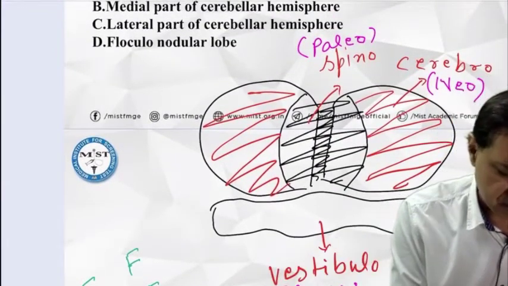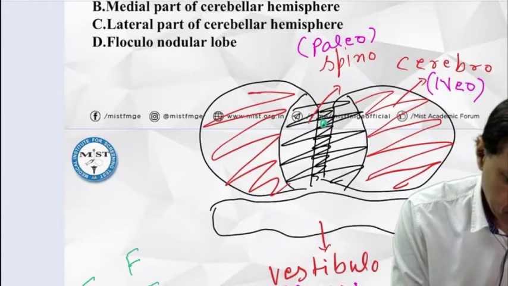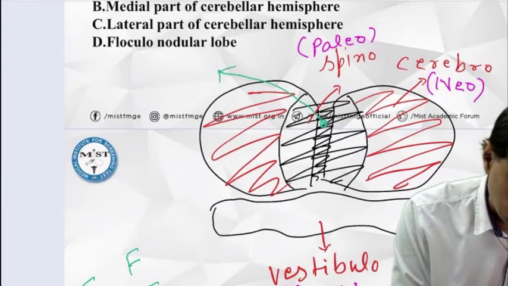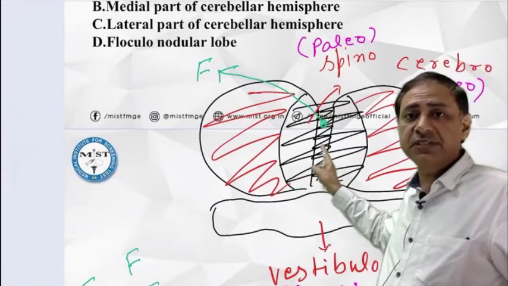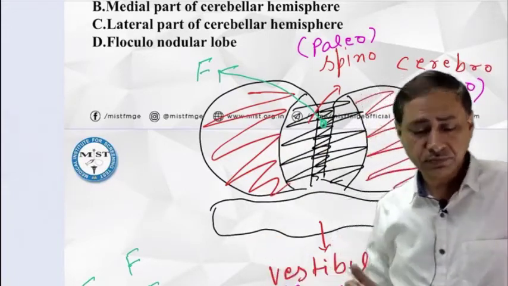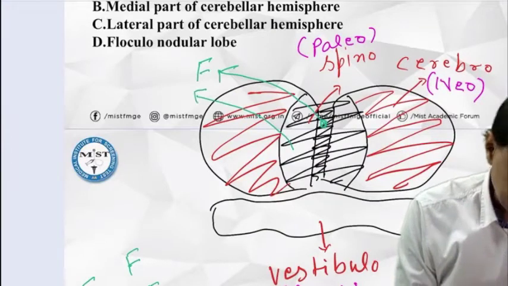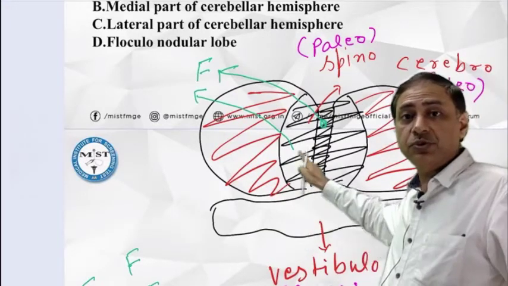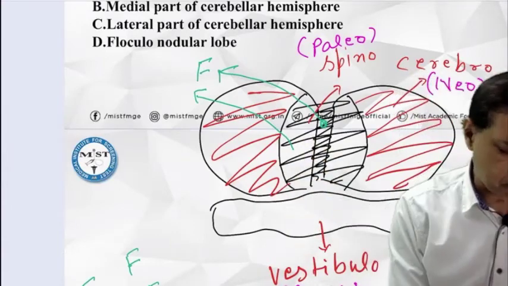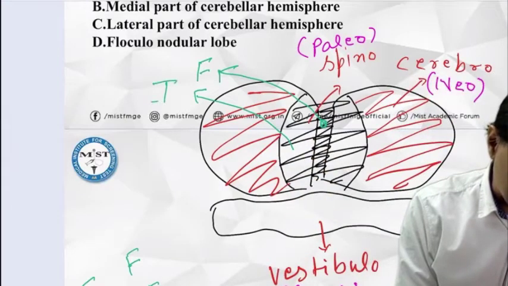For the vermis, the corresponding deep nucleus is fastigial. For the medial part of the cerebellar hemisphere, the corresponding deep nucleus is interpositus.